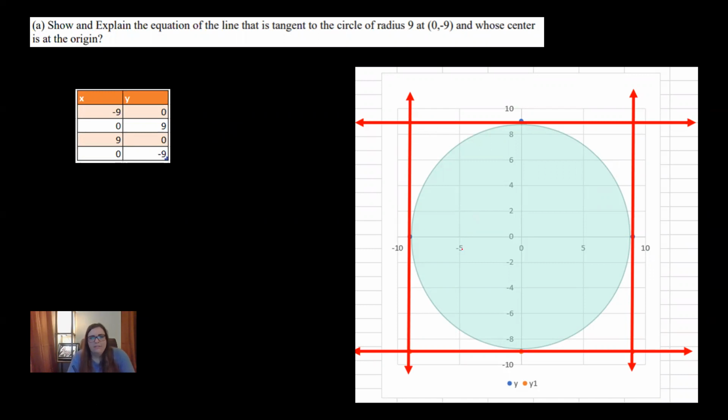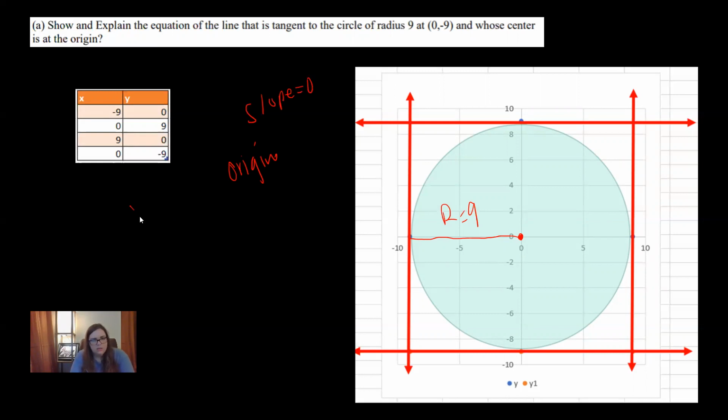So we have a circle, a radius of 9, here's our center, which is our origin, and our slope is 0 because we have a circle.